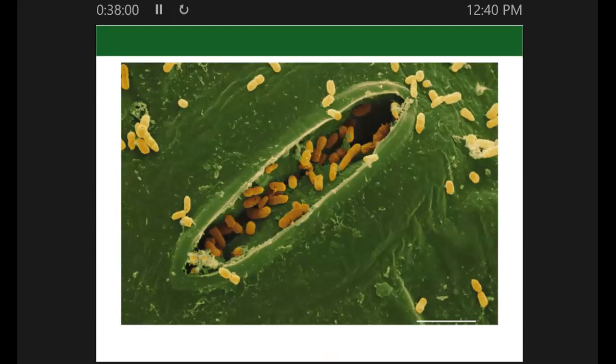And so now plants, as we know, can regulate their stomata, the pore size. They can shut down their pore. And now they actually know that there's bacteria, good bacteria, that can tell the plant, hey, guess what? There's a bunch of these pathogens around me. You better shut down your stomata.